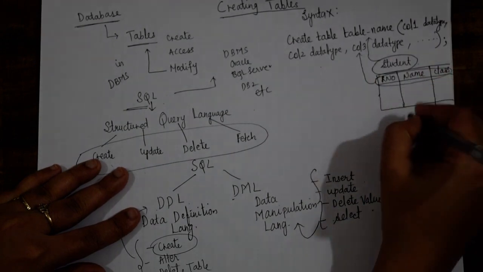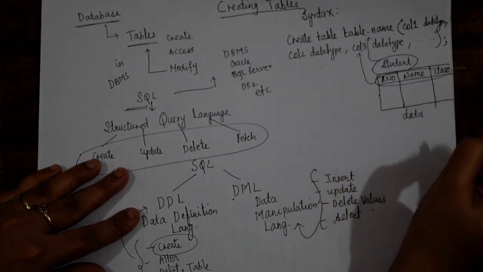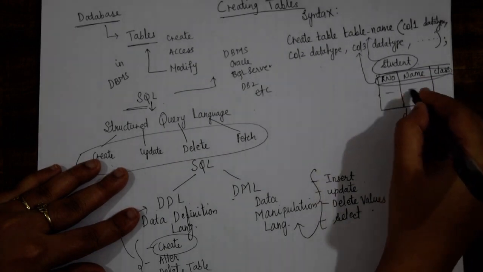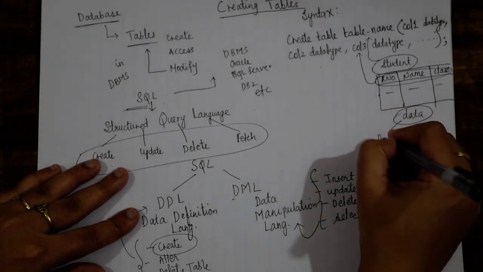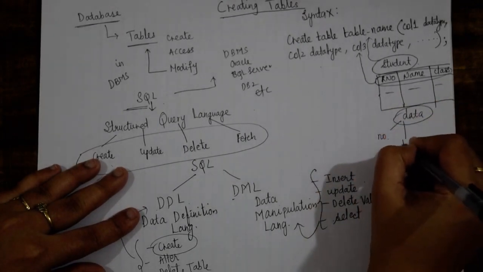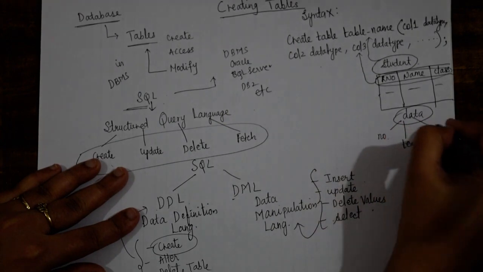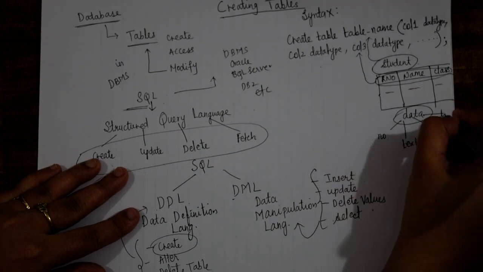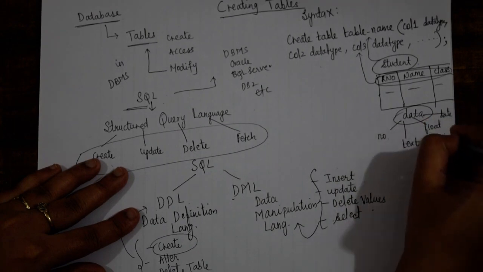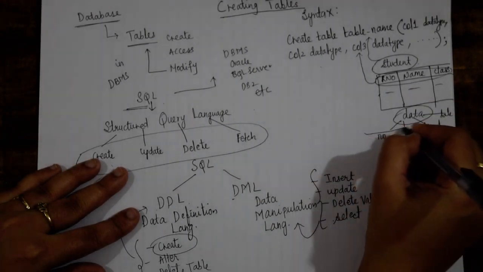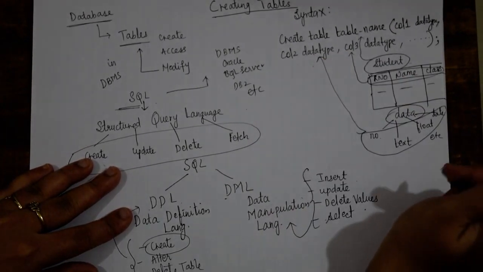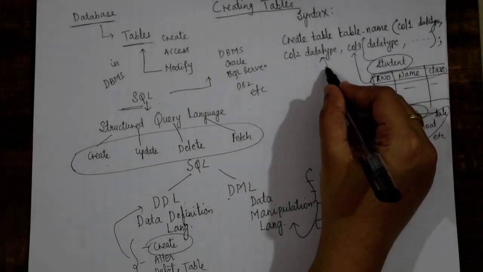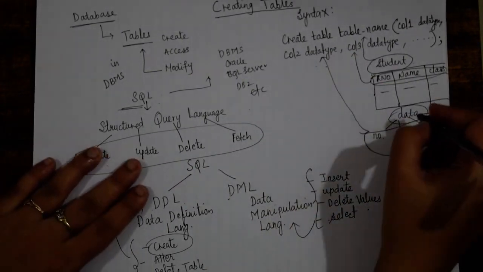Now in a table we are storing data. This data can be of different types. It can be number, it can be text, it can be floating number, it can be date or anything, etc. So to specify which type of data it is, we require data type. So data type is to specify which type of data.